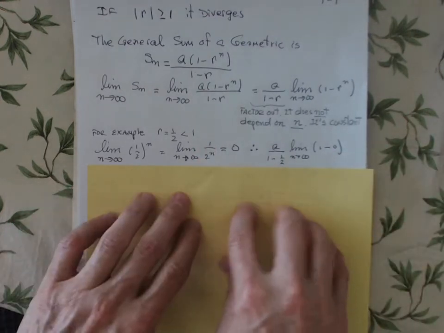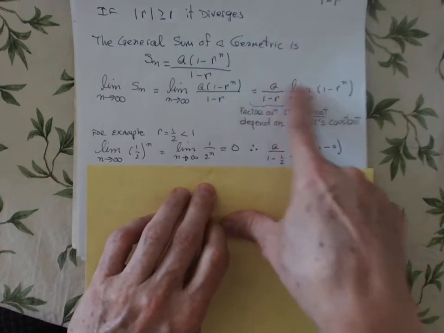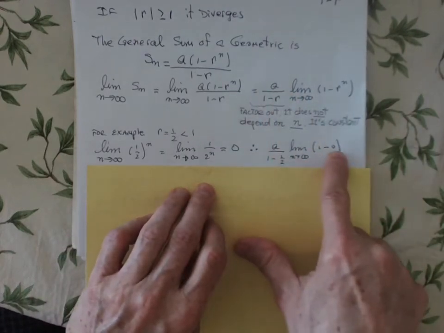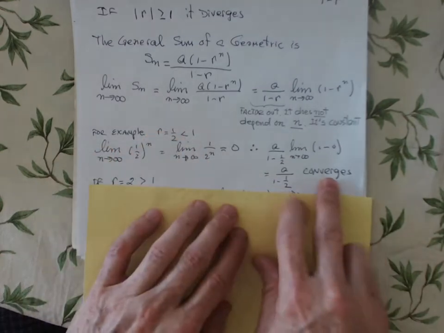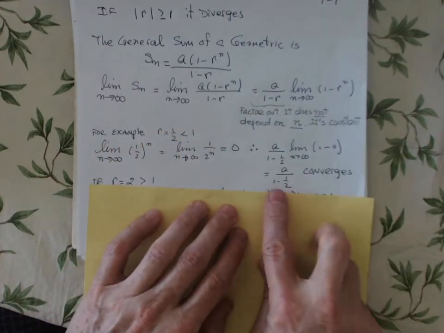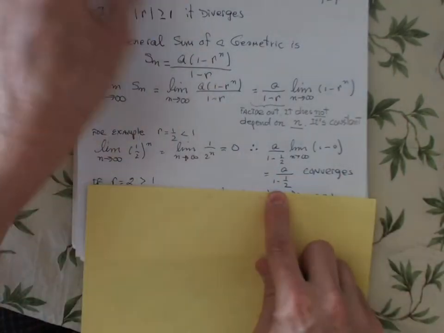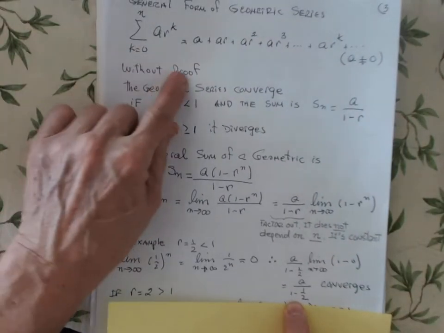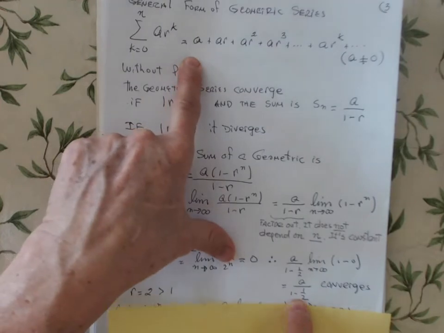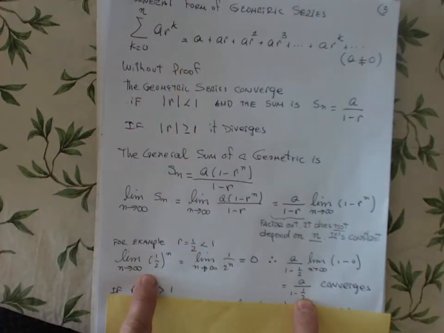Therefore, this one, which is 1/2, goes to 0. It converges to that value. Look, a is the first term, whatever that value is, and r is 1/2 in our case.